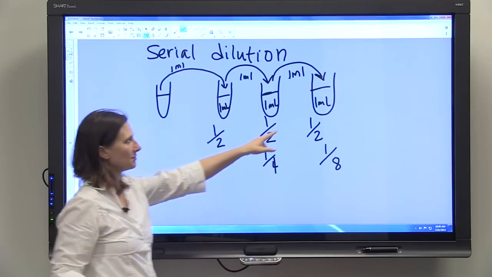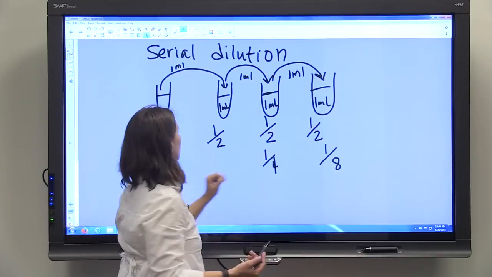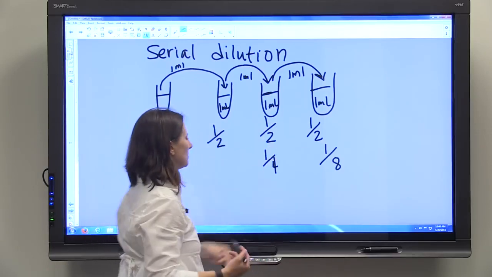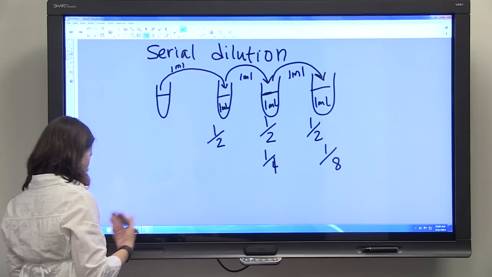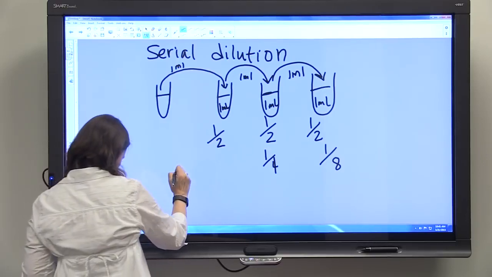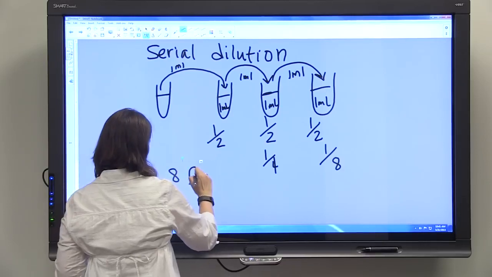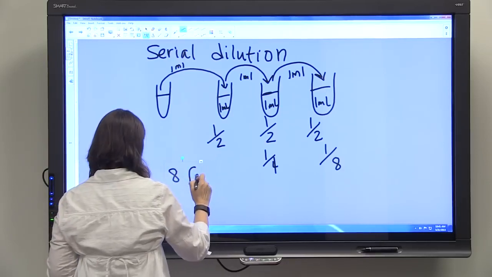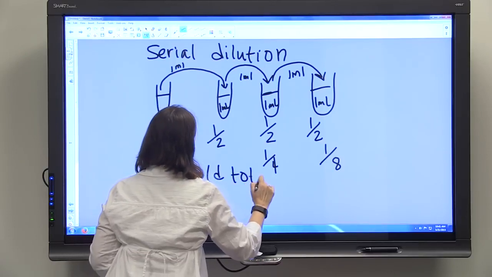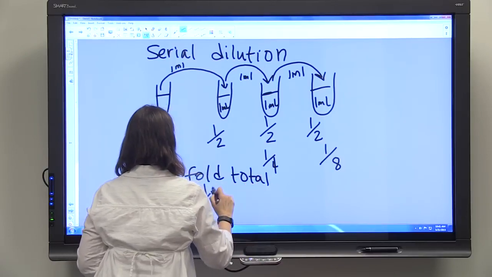They all have the same dilution factor. In a serial dilution, it's a series of dilutions where they each have the same dilution factor, but the final dilution here is an 8-fold dilution. Total dilution, 8-fold total dilution.